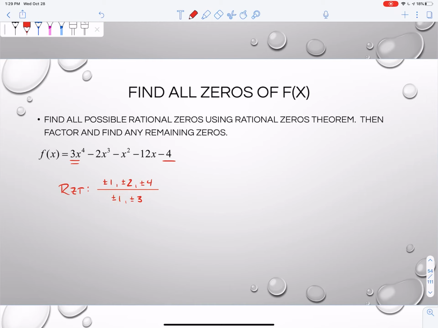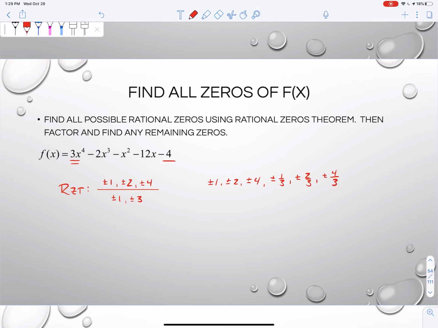It's my easiest case. So this is going to give me each of my individual numerators: plus and minus 1, 2, and plus and minus 4. Now I'm going to go to my second denominator option, and I'm going to write each ratio over that second denominator option. So now we're going to have plus and minus 1/3, plus and minus 2/3, and plus and minus 4/3.